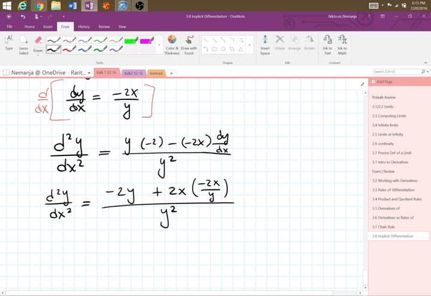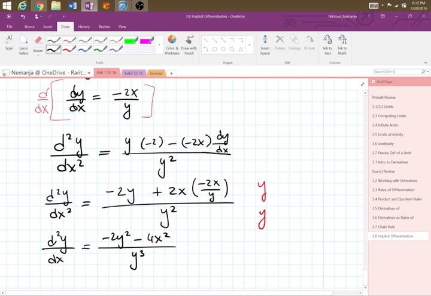So now if you want to clear a little bit of algebra, as I said, that's the only thing you are doing here is algebra. We have negative 2y squared minus 4x squared divided by y cubed.